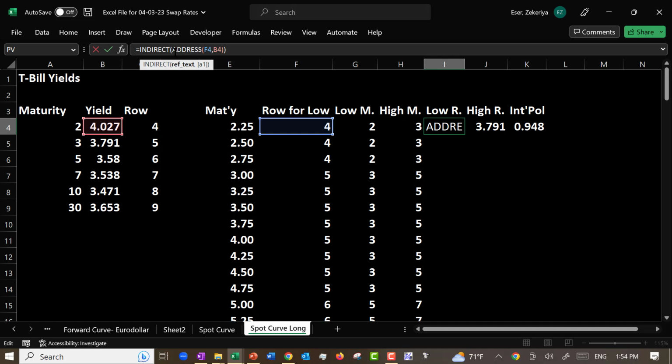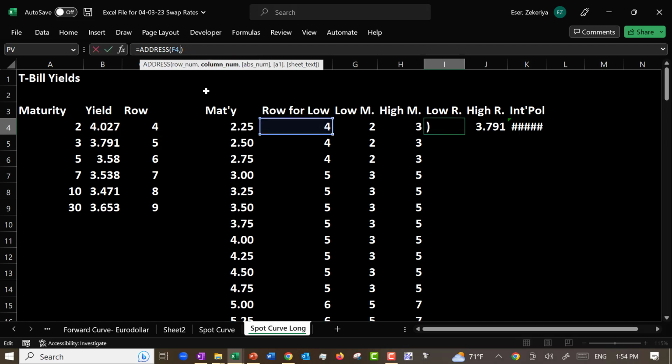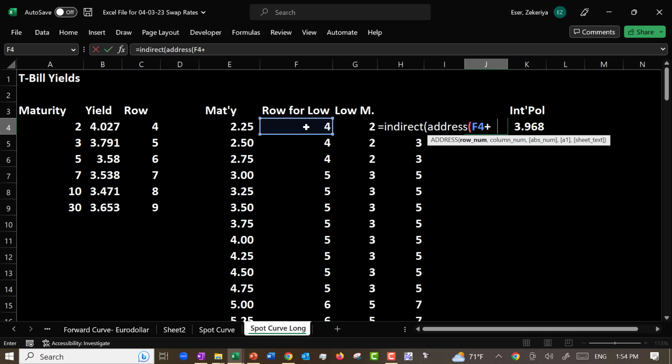I did something wrong. No, that's literally 2. And this is going to be, I'm going to write it directly now, indirect reference to address that row plus 1, but the second column.